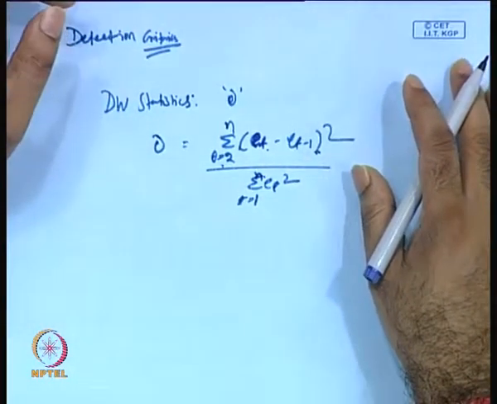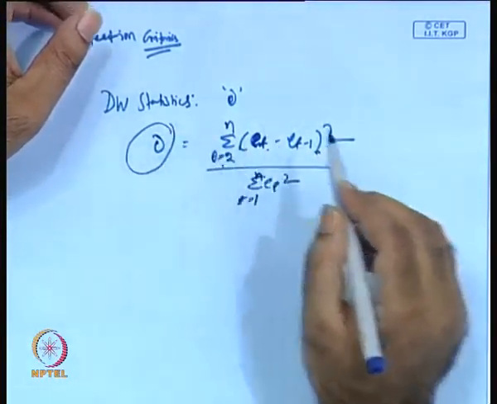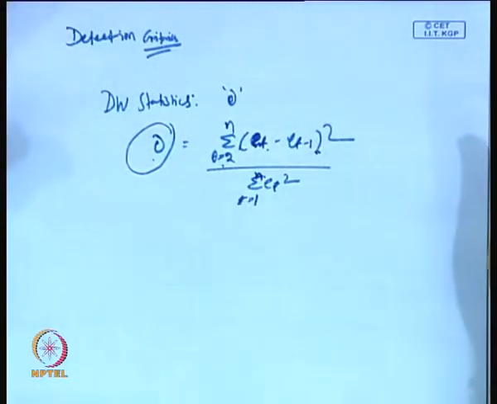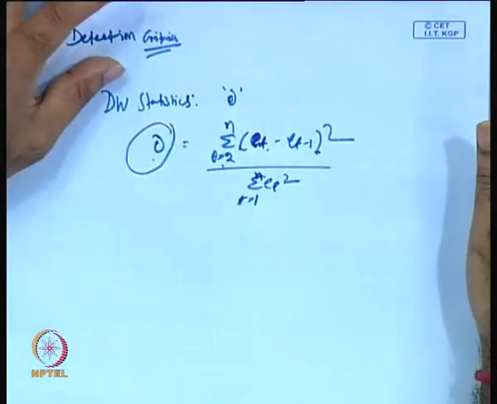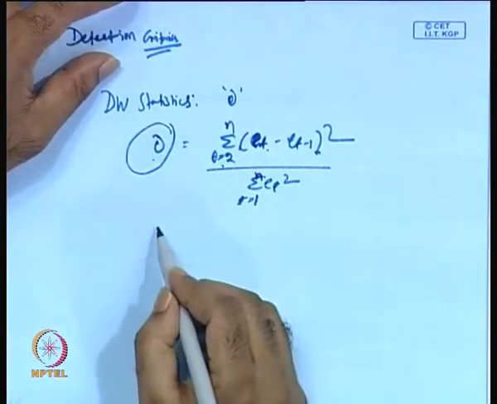Now we like to know the Durbin-Watson d value, because the d value will indicate the degree of autocorrelation present in the system. So how do we calculate it? We simplify this.